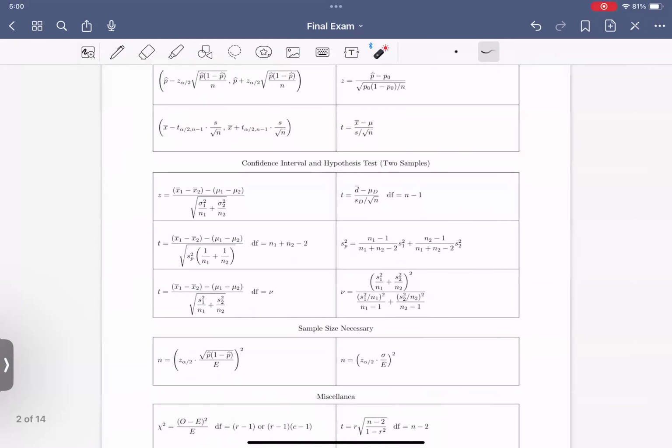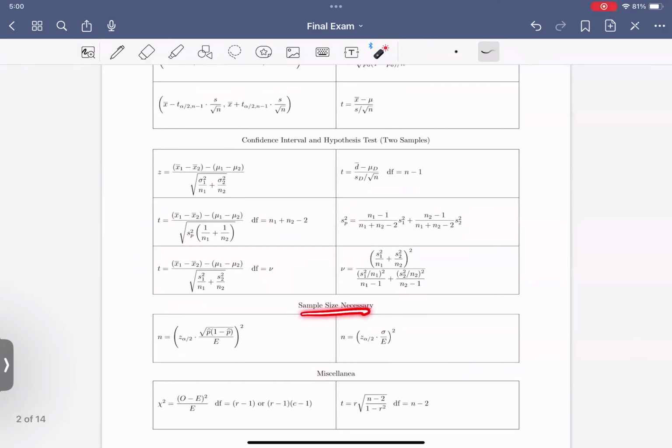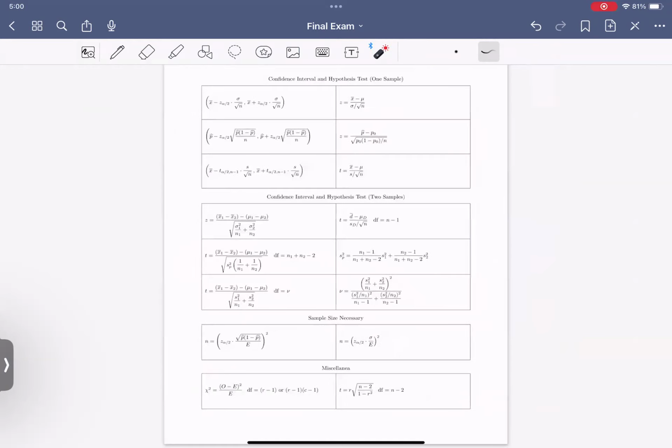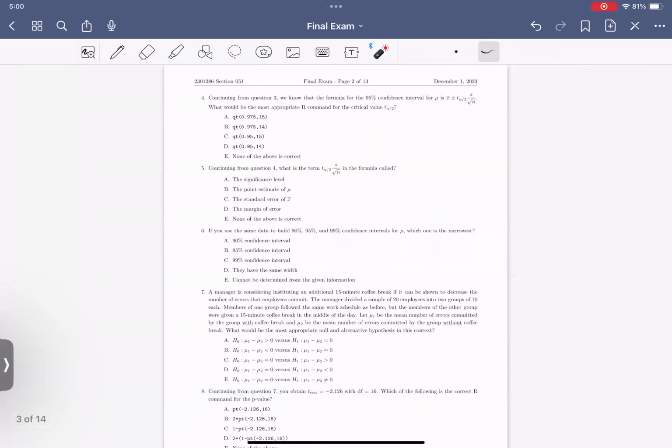This is Sp in the pooled t-test, and this is the degree of freedom in the Welch t-test. And this is the formula for the sample size necessary. You have two formulas here. Then you also have the chi-square test and the t-test to test rho equal to 0 versus rho not equal to 0 as well. All right, so this is the formula sheet. All right, let's keep going.